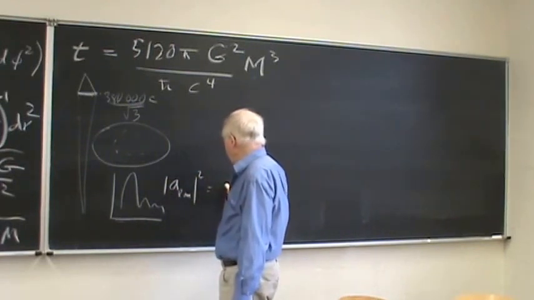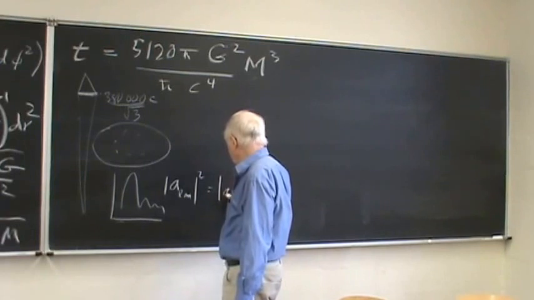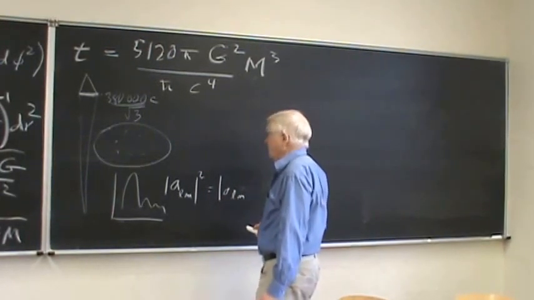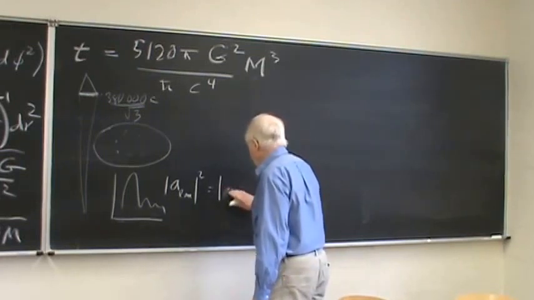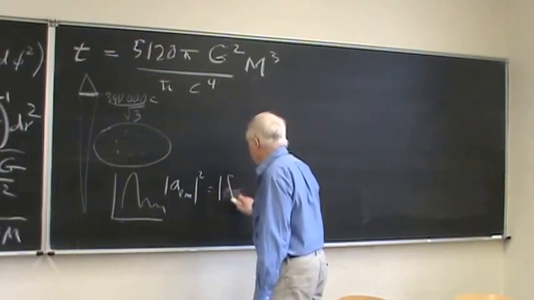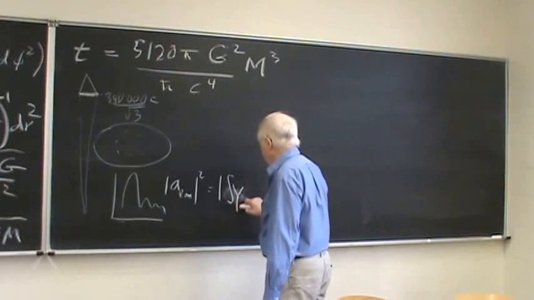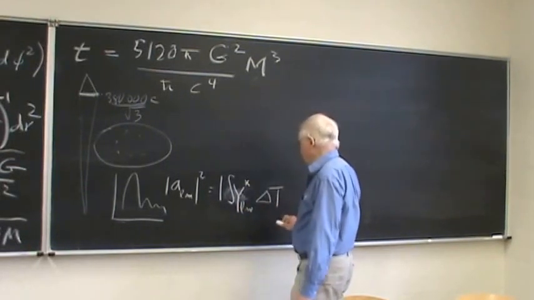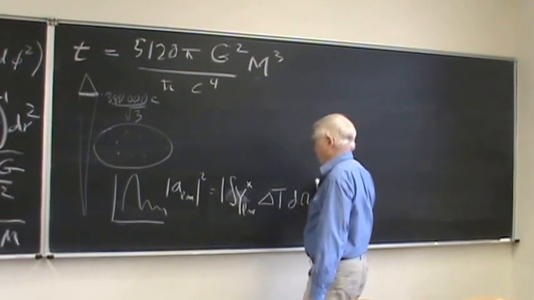squared, where ALM is basically an integral over the sky of the spherical harmonic complex conjugate times delta T d omega.